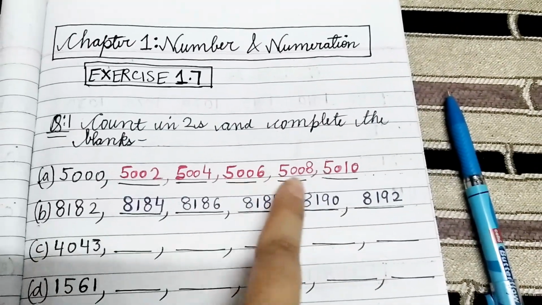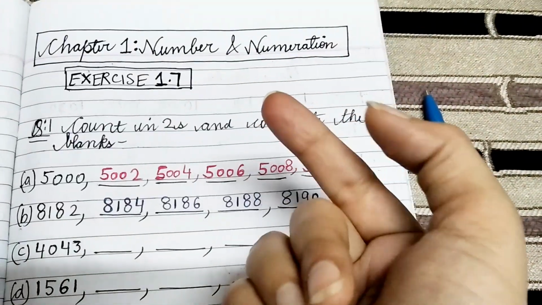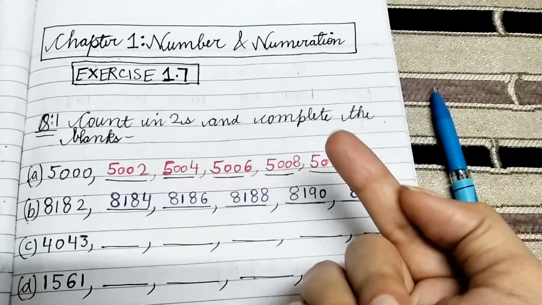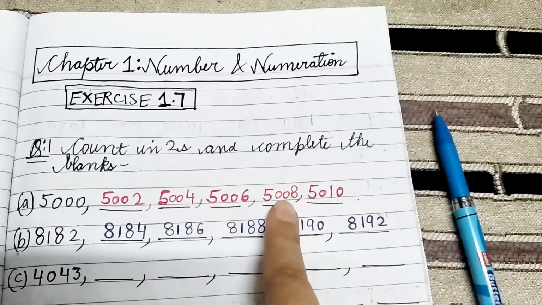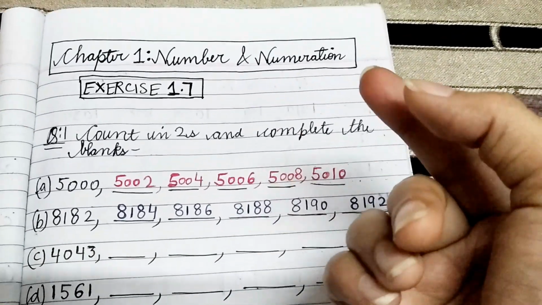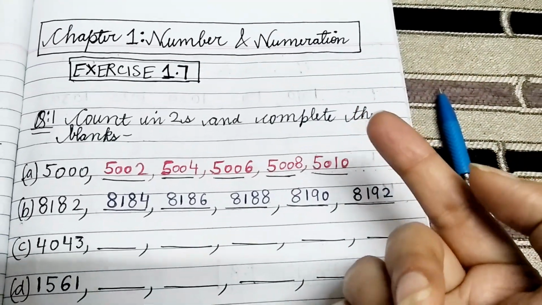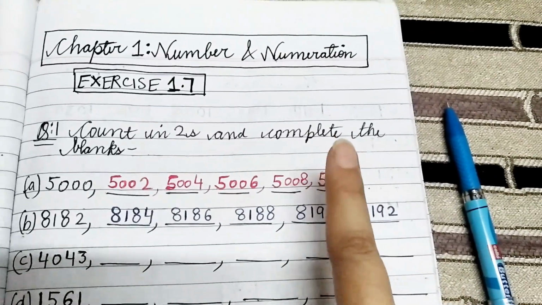Similarly, proceeding like this, 5,006, then 5,007, 5,008. That means at second place 5,008 is coming. So you will write 5,008 in the fourth blank. Then 5,009, 5,010. At the second place 5,010 is coming. So you will write 5,010 in the last blank.